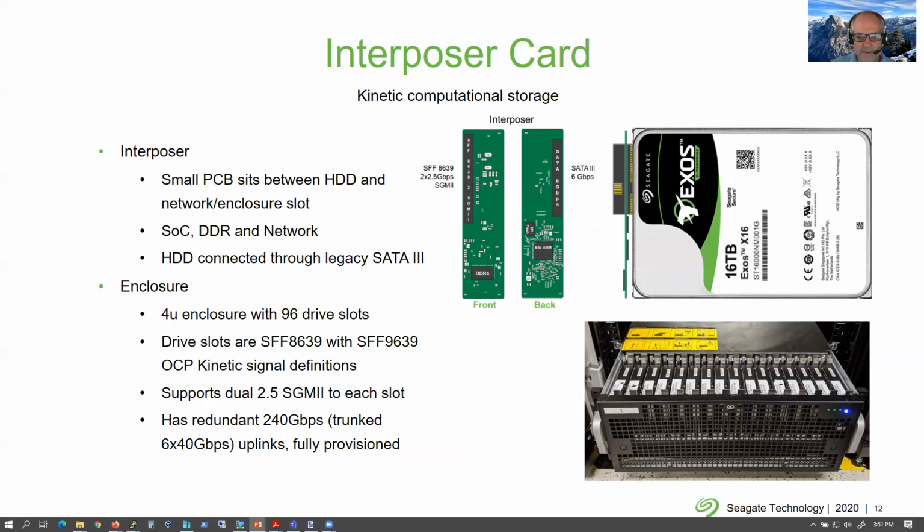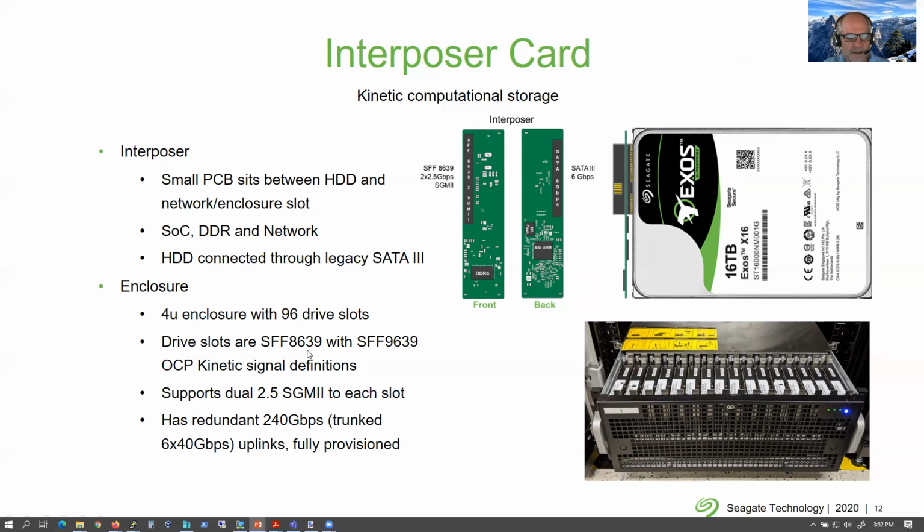Essentially the hardware we're using right now is what we call an interposer card. It's a small PCB that slides onto the front of a hard drive. So it connects via SATA to a hard drive, but then on the other side of the card, it's providing dual 2.5 gigabit Ethernet via the connector. It has an SoC, DDR, and network support on the card. And it plugs into a 4U enclosure that has 96 drive slots.